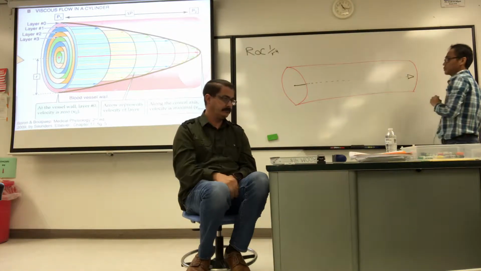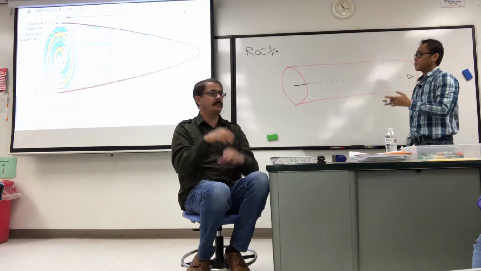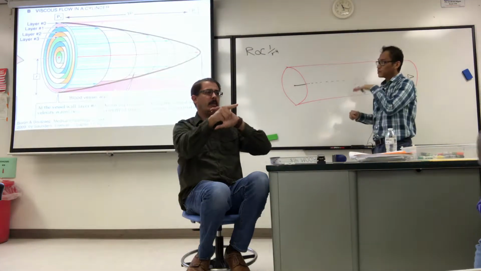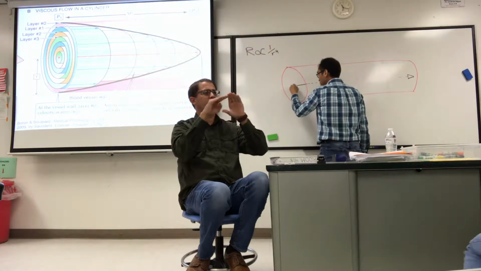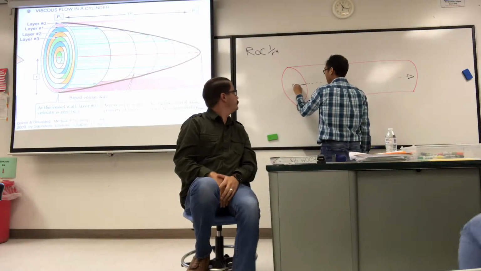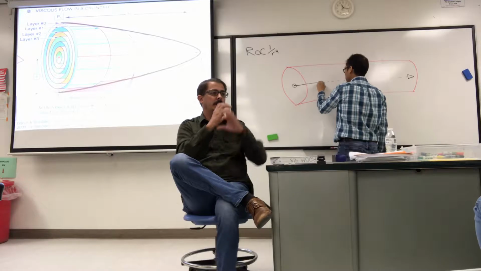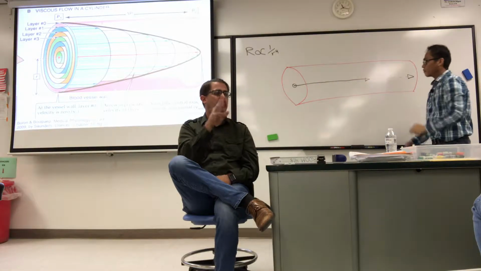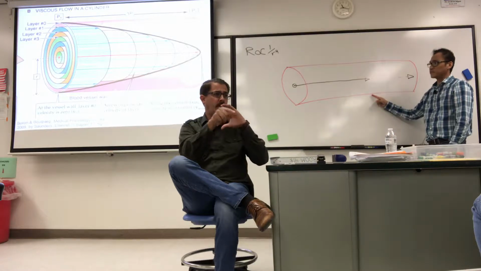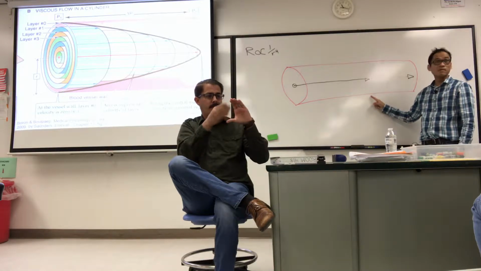Now, imagine blood flowing through the whole tube, but subdivide it into layers. The first layer around the central axis will have the fastest velocity of blood flow because it's right in the middle, furthest away from the vessel wall, which provides friction and resists blood flow.